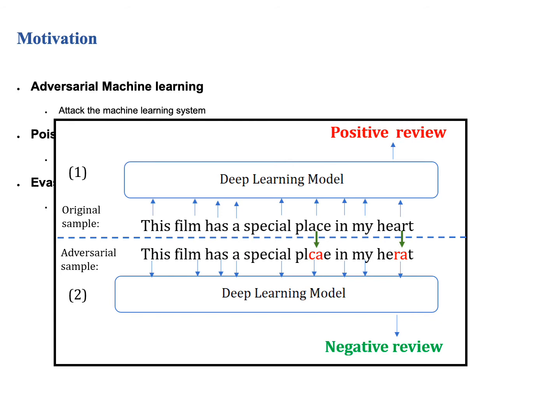If we just change the sequence of two letters in this sentence, we can also change the positive review to a negative review. It means a very small change of the input can change the classification of the sentence, the feature of the reviews.